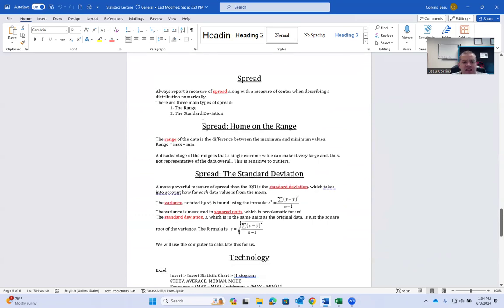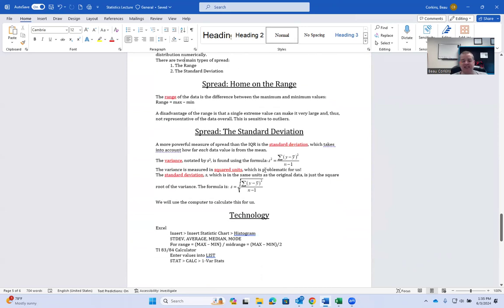Spreads you're probably less familiar with. There are three main types of spreads, but we're going to talk about two here. The range, which is the easiest one to calculate, is the maximum minus the minimum. And the standard deviation is an approximate distance from the mean that breaks the data into percentages.